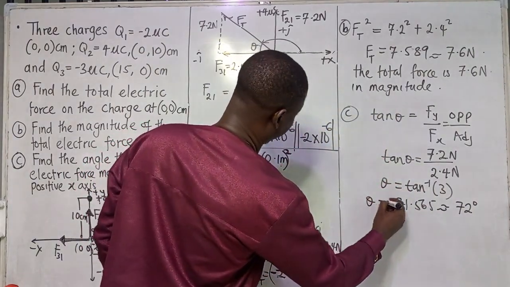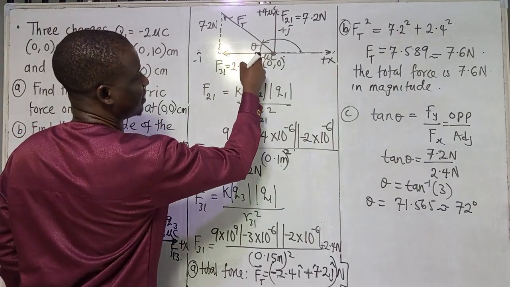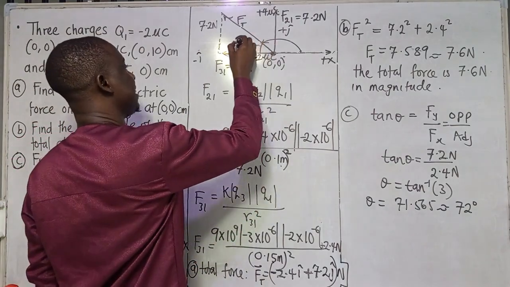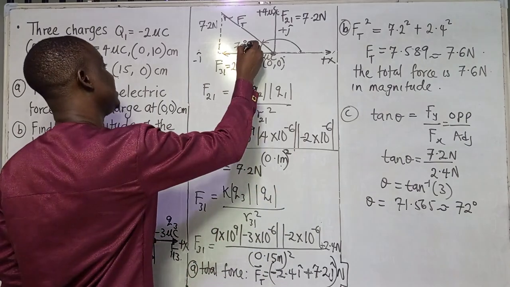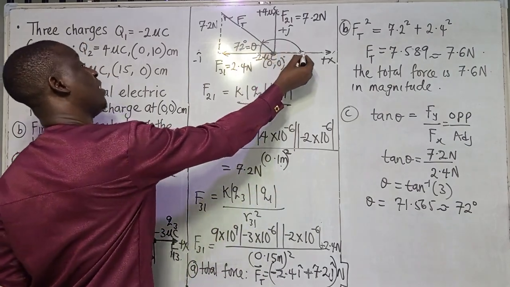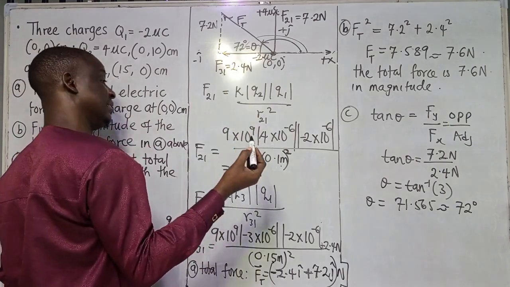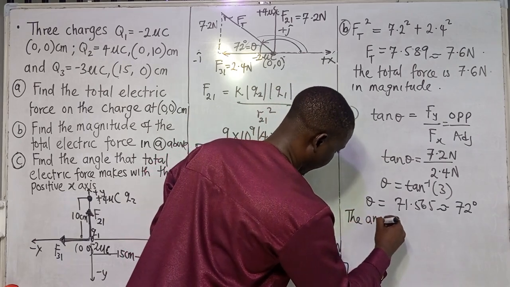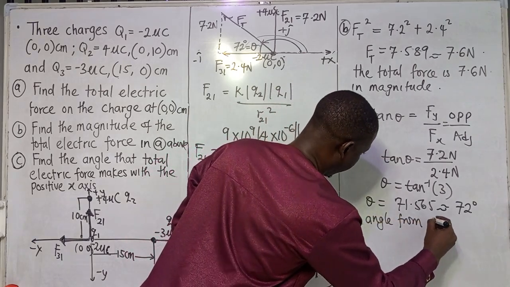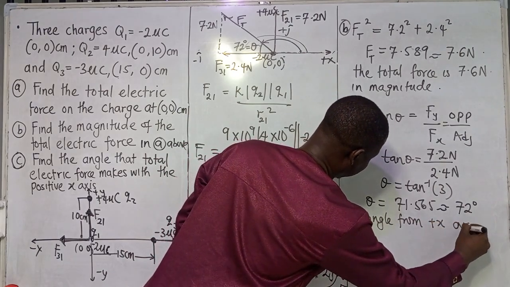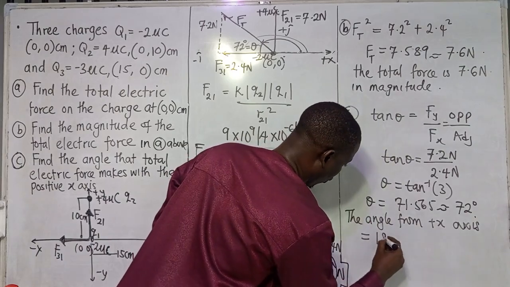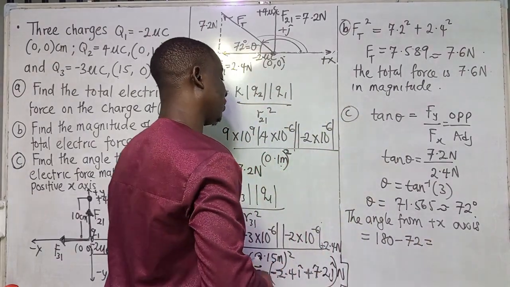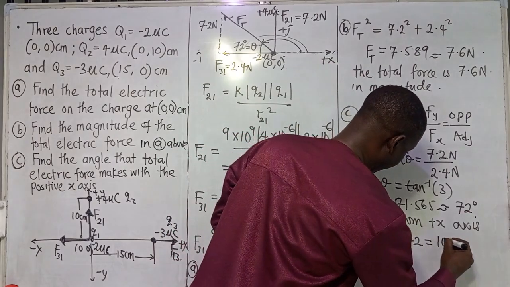Now, that is the direction from here to this place. What about from the positive x direction? If this theta is 72 degrees, what will be from here to this place? Angle on a straight line is 180. So the angle from the positive x-axis is 180 minus 72, which gives us 108.